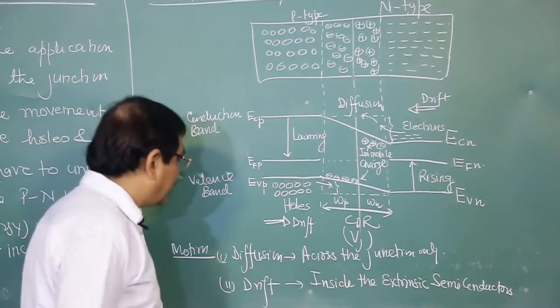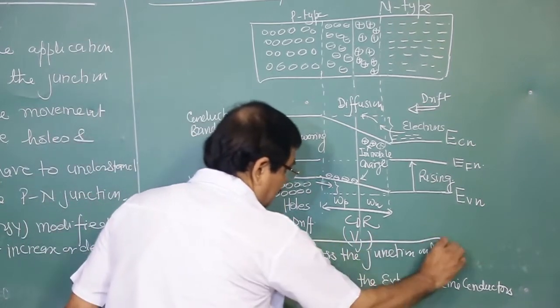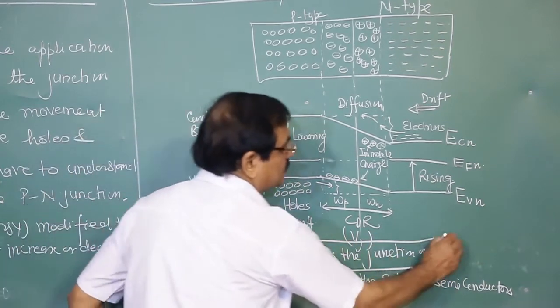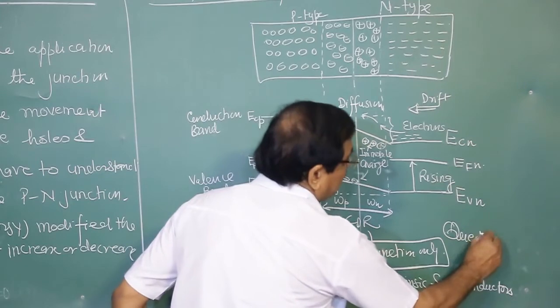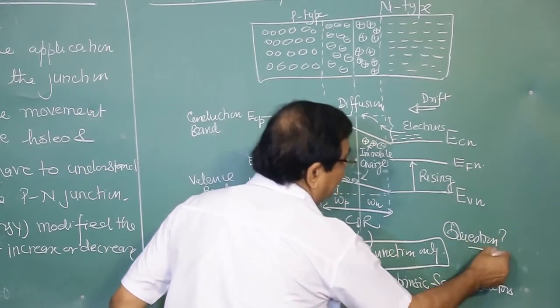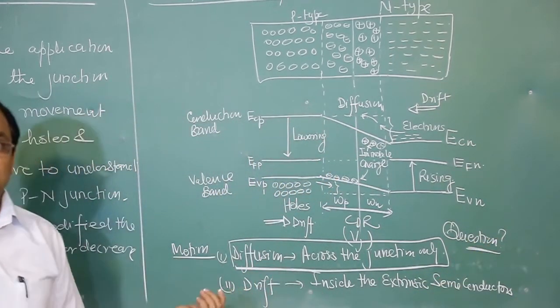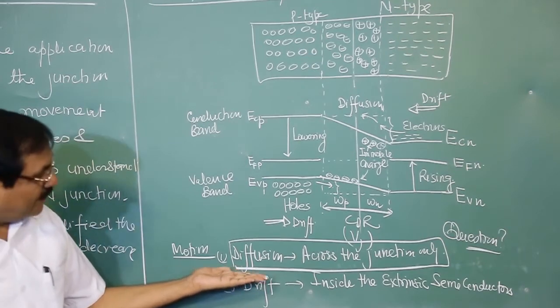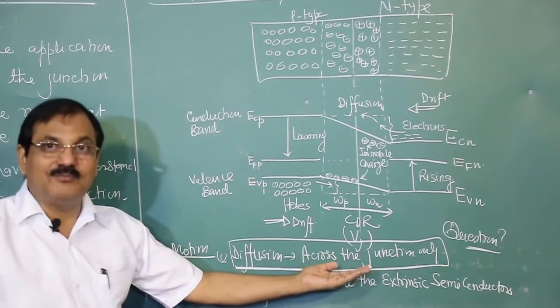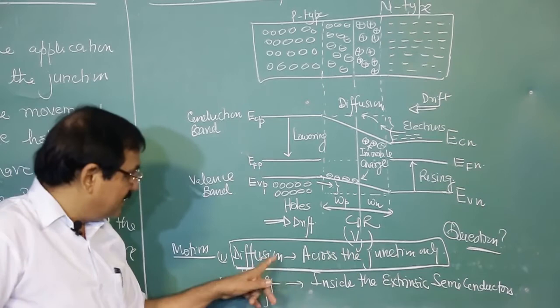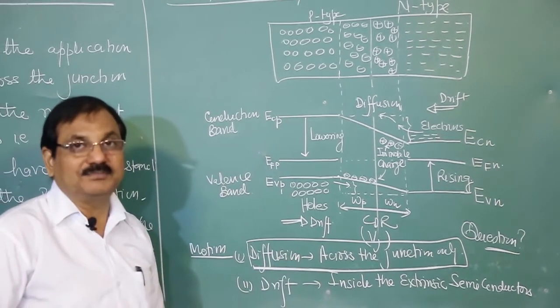This is a very important concept, because several objective type questions are made on the basis of this p-n junction. What kind of charge carrier motion is across the junction? It is diffusion, drift, both, none, something like this.